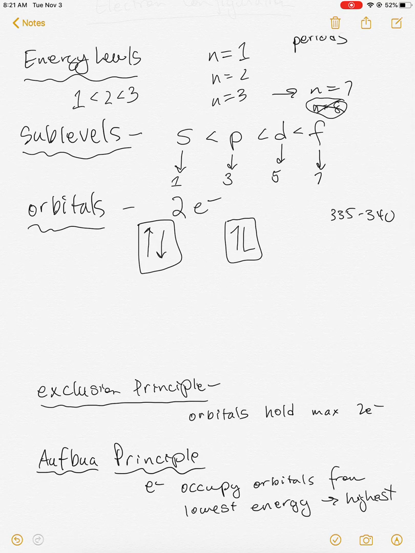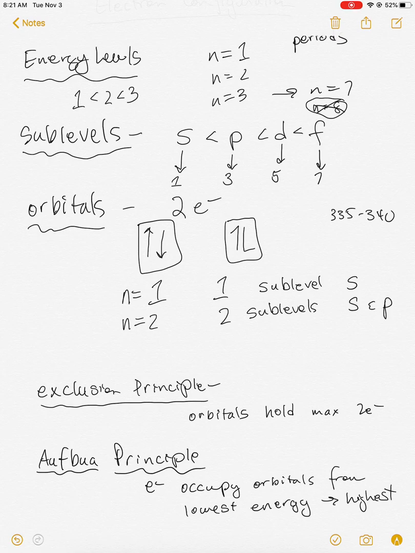N equals 1 has only 1 sublevel, and that is S. The second energy level has 2 sublevels, S and P. The third energy level, I guess you can guess this, has 3 sublevels, and that is S and P and D. N equals 4 and beyond have 4 sublevels.